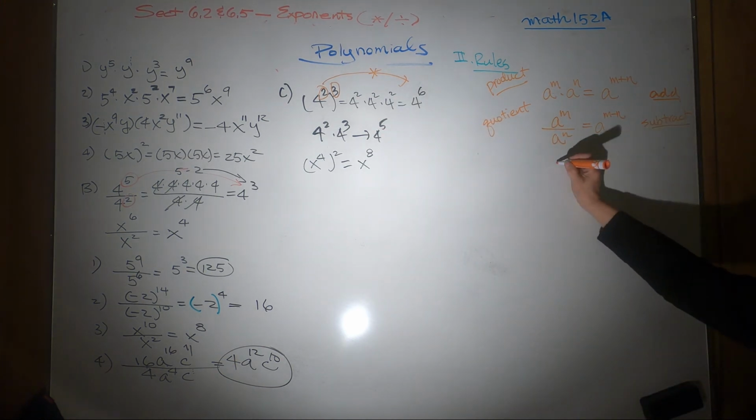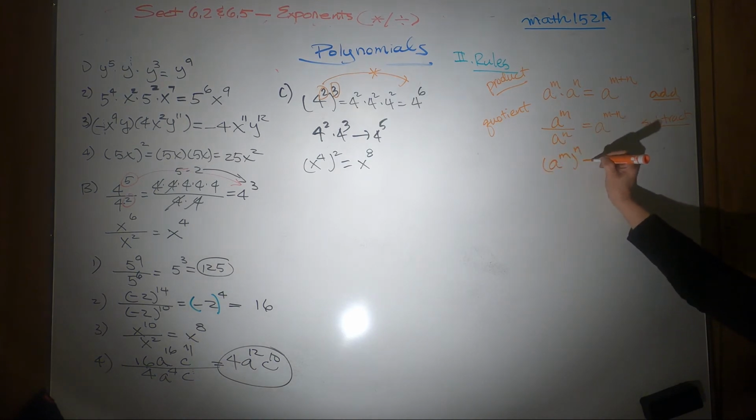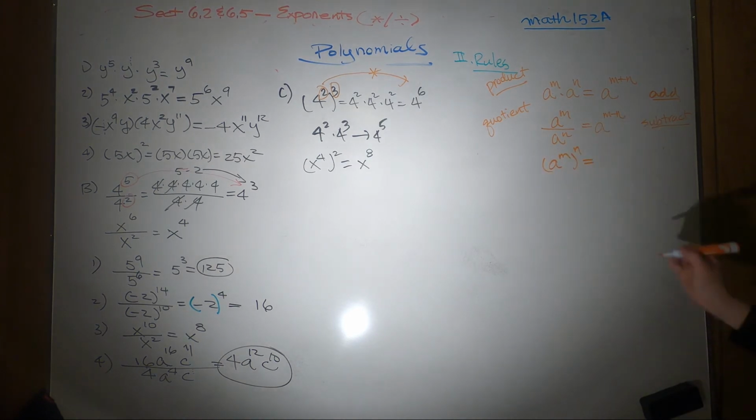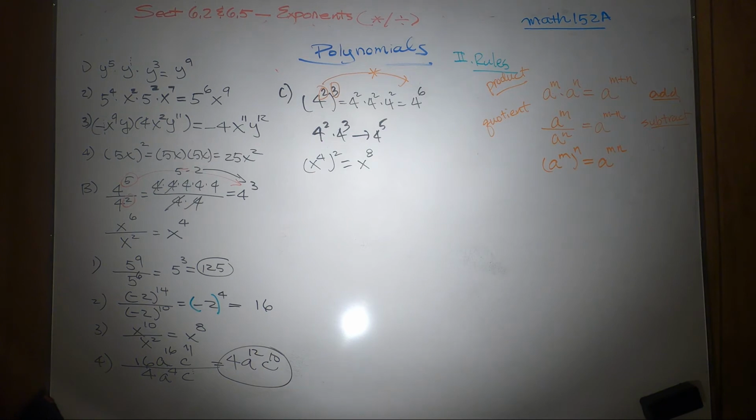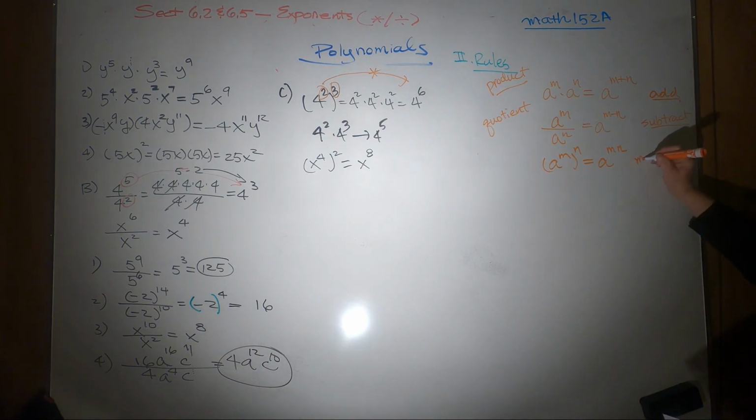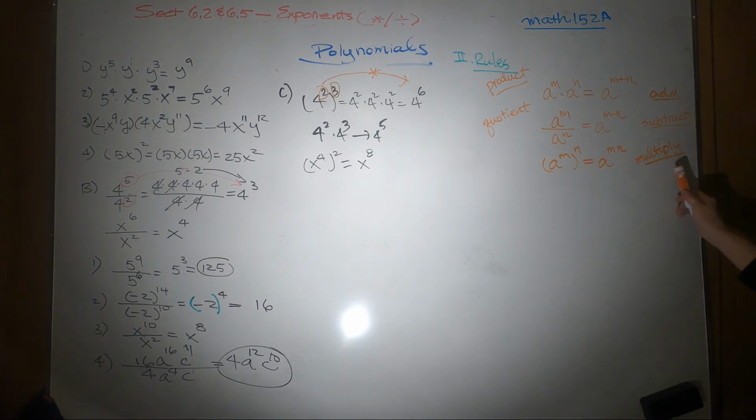Okay? If you have a base to the m power to the n power, what's the result? A to the mn. So you need to do what? You need to multiply your power, not adding. You need to multiply them. Okay?